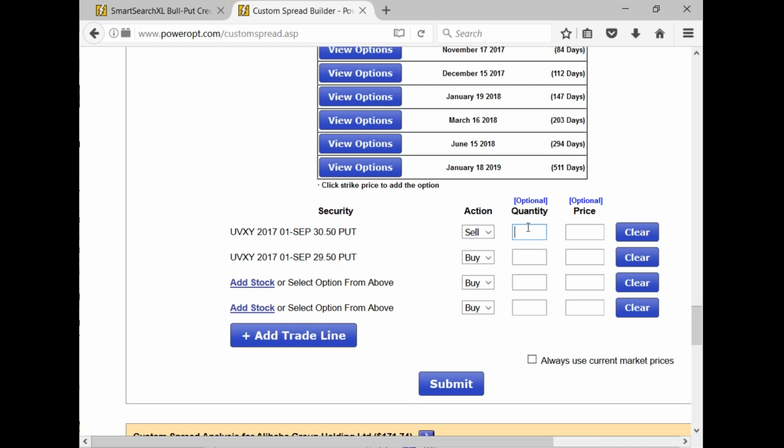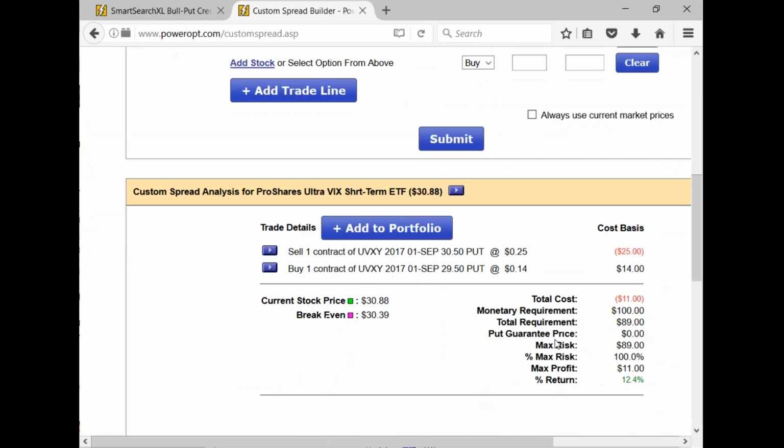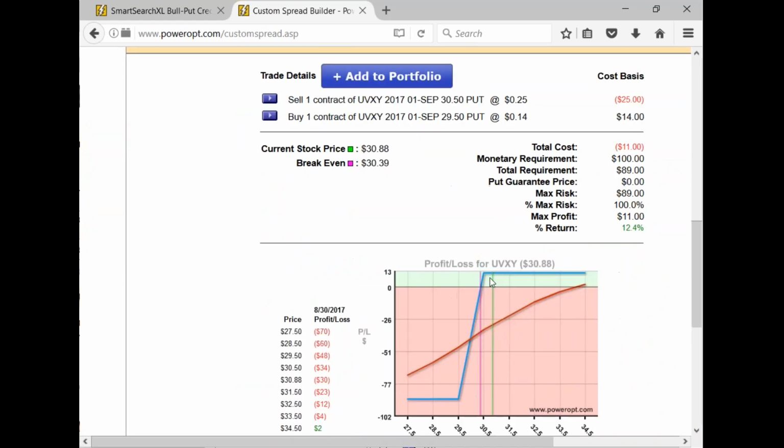Let's just take it as a normal credit spread for a 1-point gain. We'll say we sold this one for 25 cents, and we bought this one for 11-cent net credit, okay? So 12.4% return.